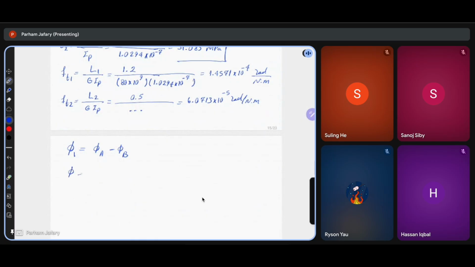So phi 2 would be phi of C minus phi of D. But because D is a wall, this term is 0. So for shaft 2, phi 2 is just equal to phi of C. Okay?